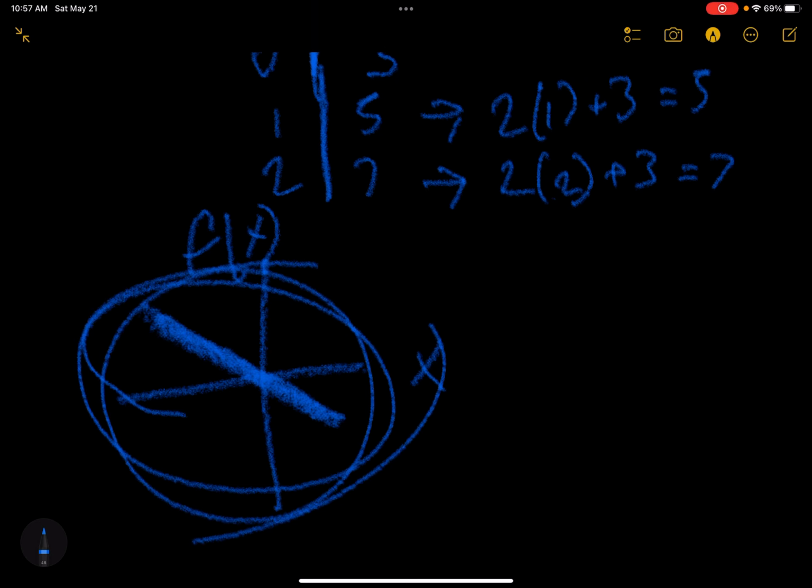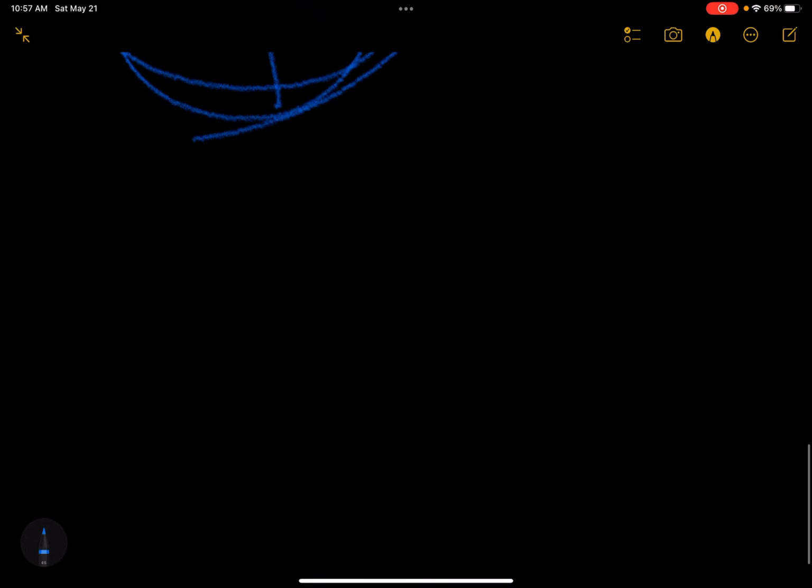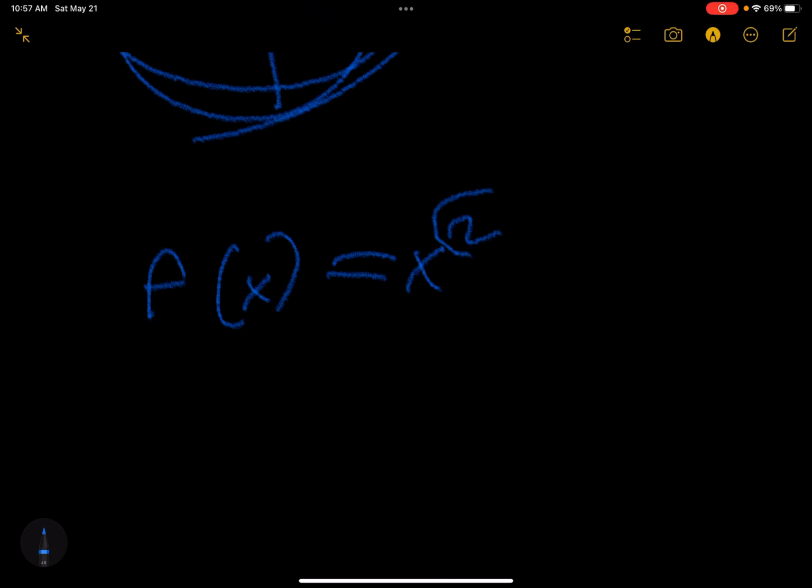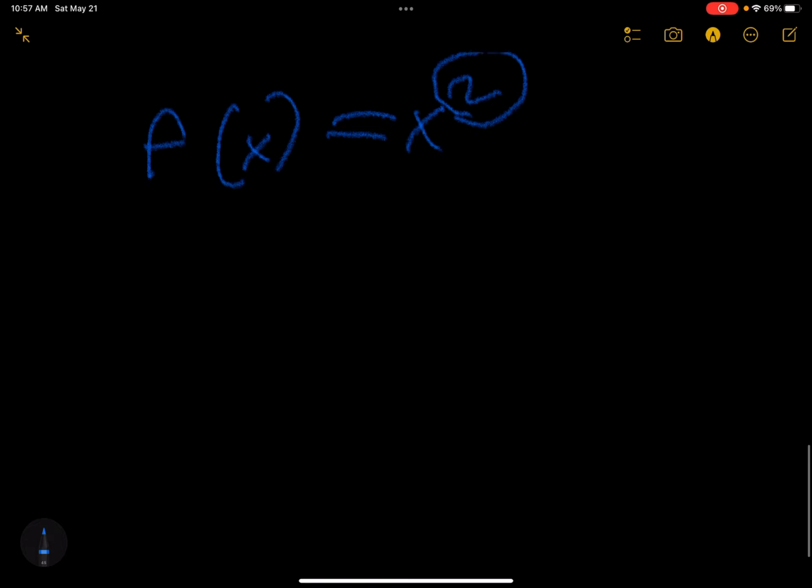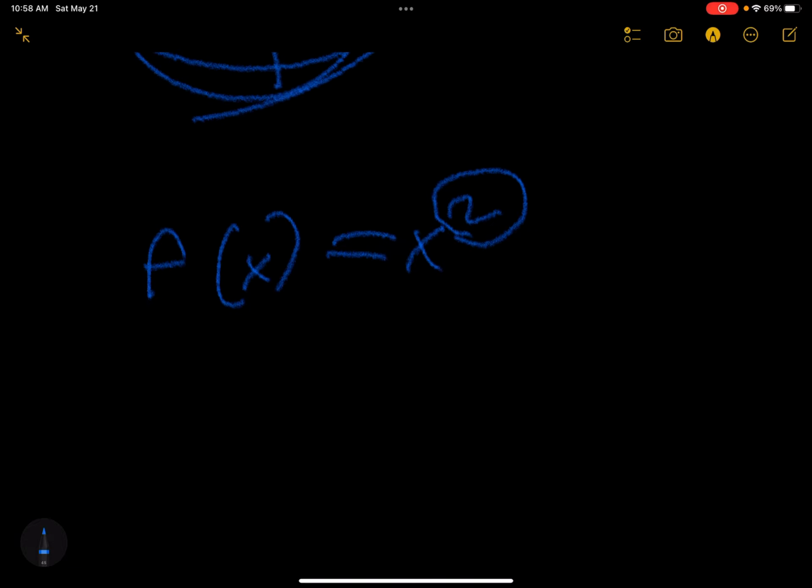So now let's talk about quadratic functions. Quadratic functions are basically, let's say our f(x) is x squared. So our function equals x squared. A quadratic is basically if you have a square, or a power.